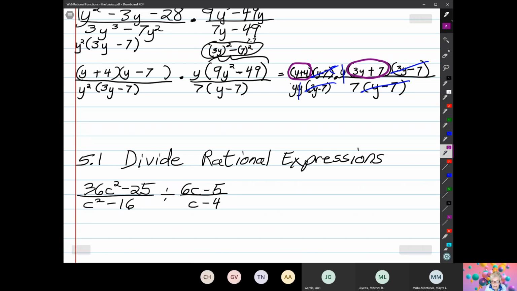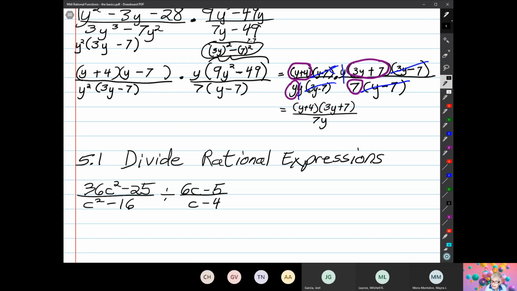On the bottom, I have a y and I have a 7. So the answer, all that I have left, is going to be y plus 4 times 3y plus 7 over 7y.